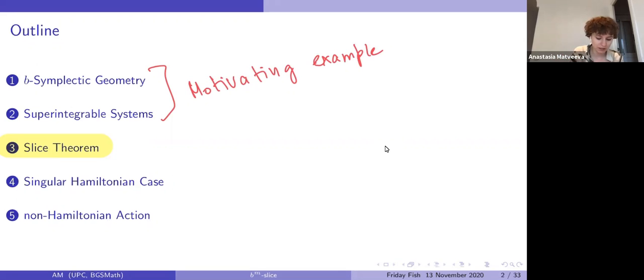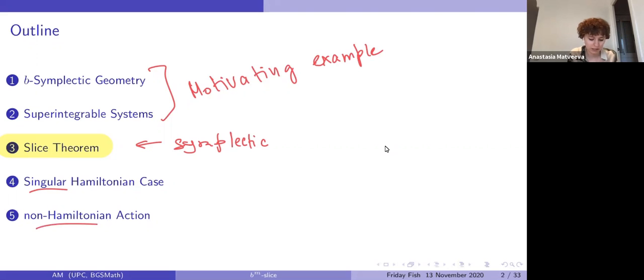And then I'll talk a little bit about superintegrable systems as promised. How do the non-commutative systems arise in this context? I'll talk about the slice theorem, which first will be symplectic, and then continue with two kinds of generalization of it. One in the case when singularities appear, and the other is when the action is not Hamiltonian itself.